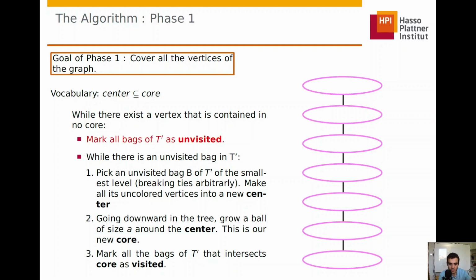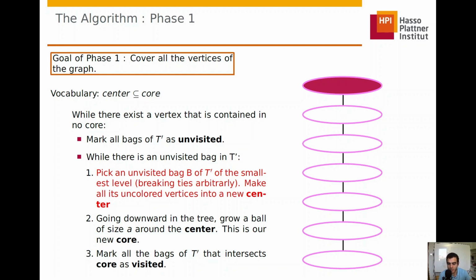So in the first iteration, we mark all the bags of T prime as unvisited. T prime is defined as the remaining tree with bags that are not fully covered yet. And while there is an unvisited bag in T prime, we just pick the highest bag B and we make it a center. See this dark red? It's the color of the centers that are created in the first iteration of our algorithm.